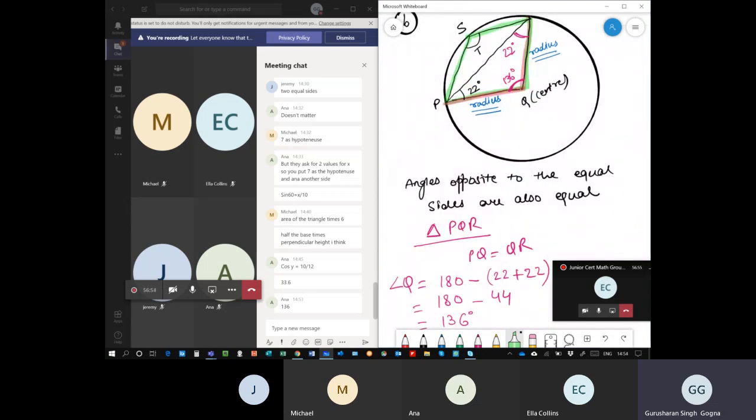So the other angle must be 44 degrees, isn't it? So this is the opposite angle to 136, and this one is opposite to that. Okay, this is not a cyclic quadrilateral actually, and so this is 136.